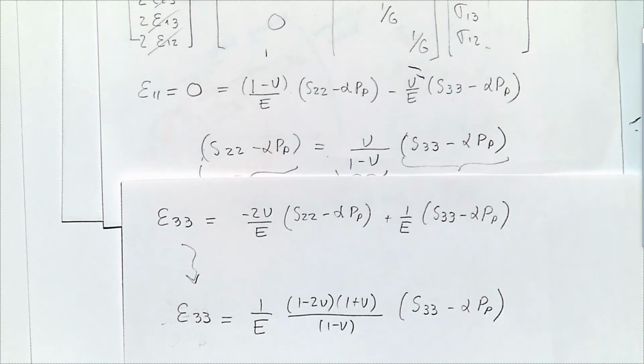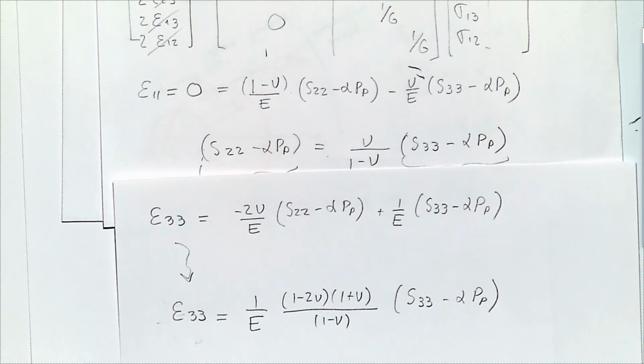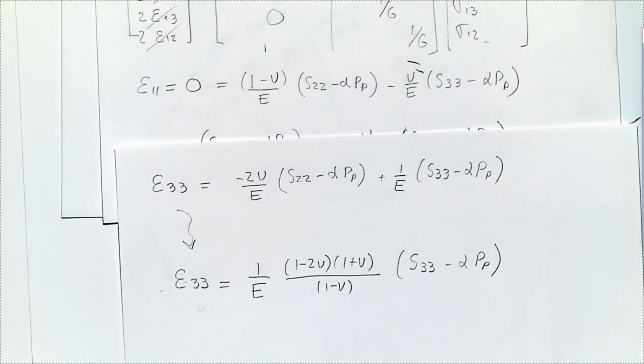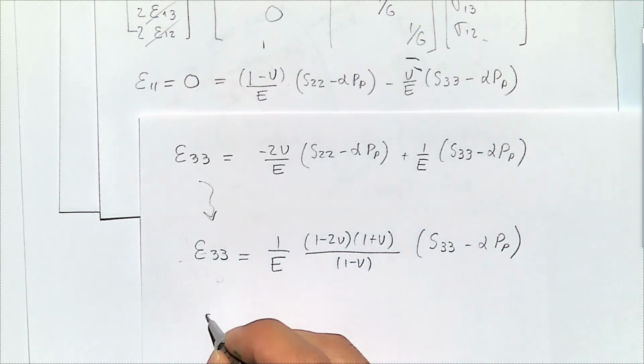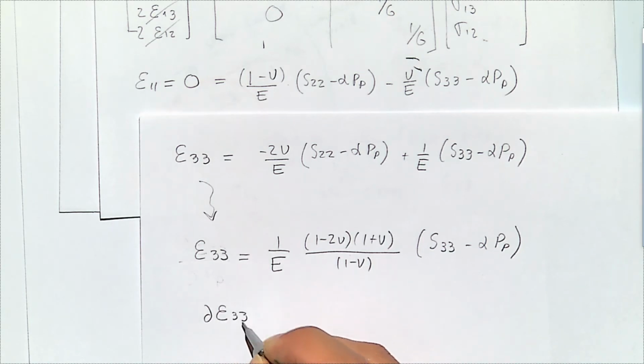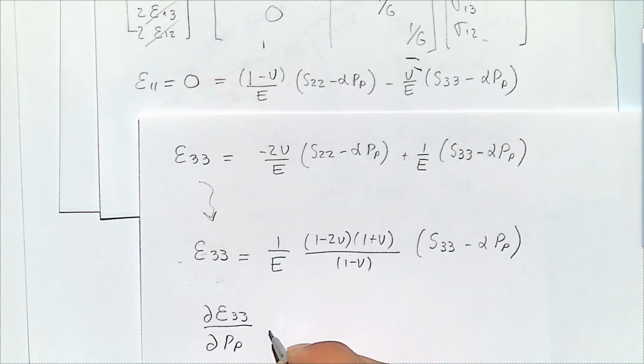So this is just a strain as a function of total stress and pore pressure. And now what I wanted to do is the variation of strain in vertical direction due to variations in pore pressure is going to be alpha times this thing.